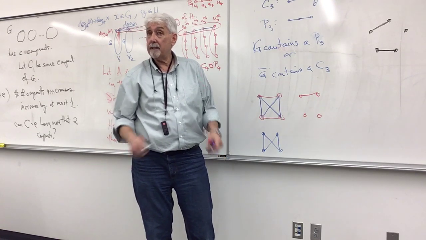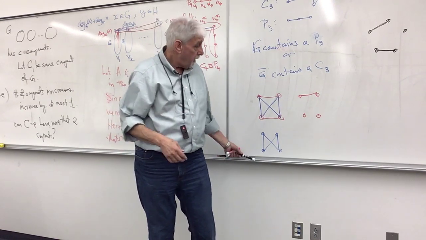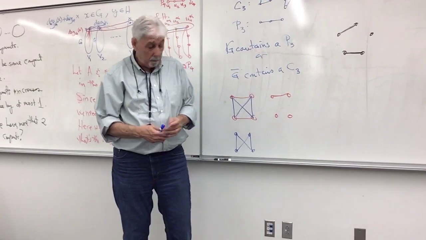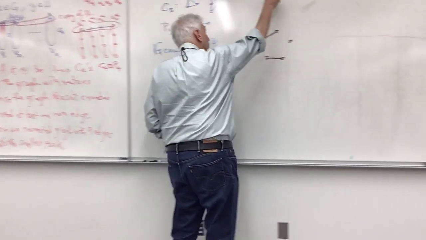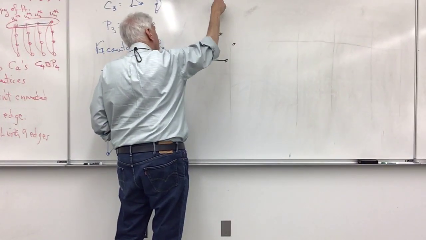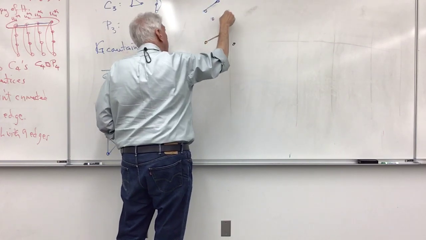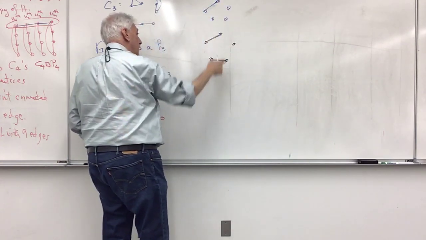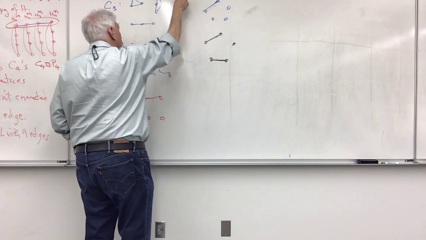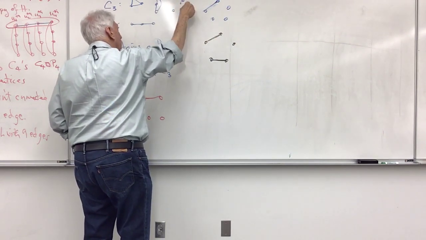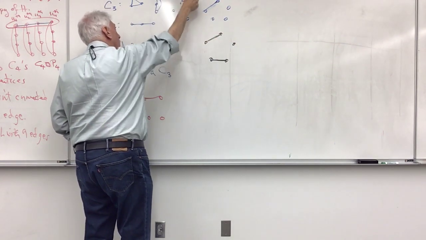This is it. That's it. If you have a graph on 5 vertices that doesn't contain a P3, it's either this, or this, or this. Those are the only three possibilities.